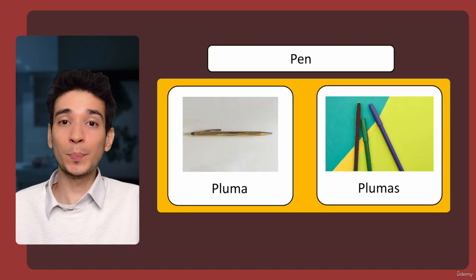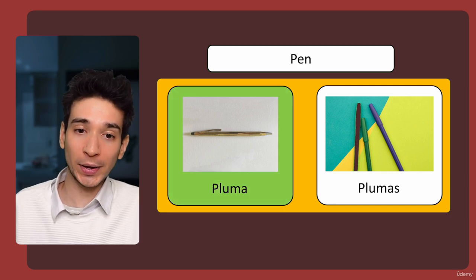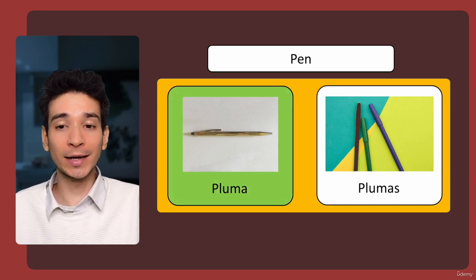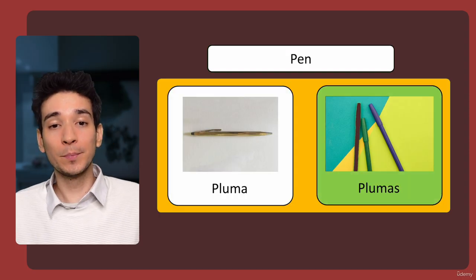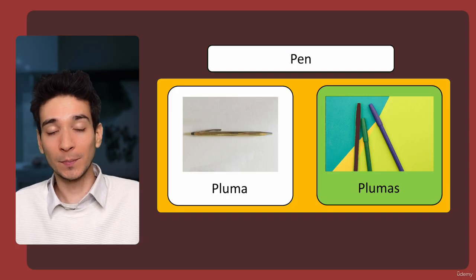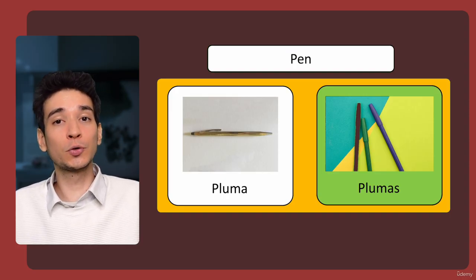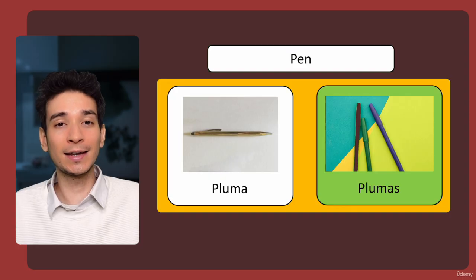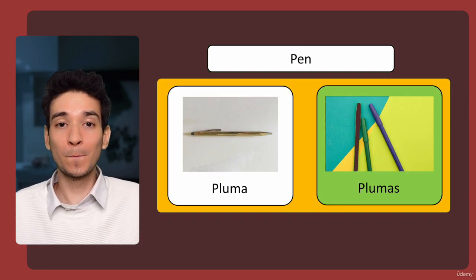And for pen, we have pluma, which means pen. And if you want to make it plural, you would say plumas. However, pluma is more commonly used in Mexico and in some Latin American countries. And if you go to Spain, I believe they would say bolígrafo more than pluma.